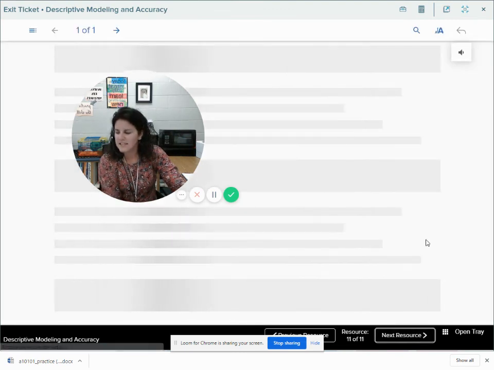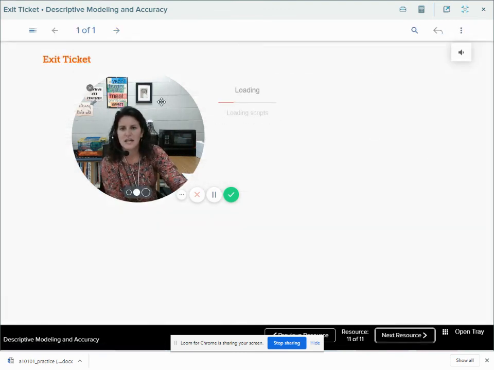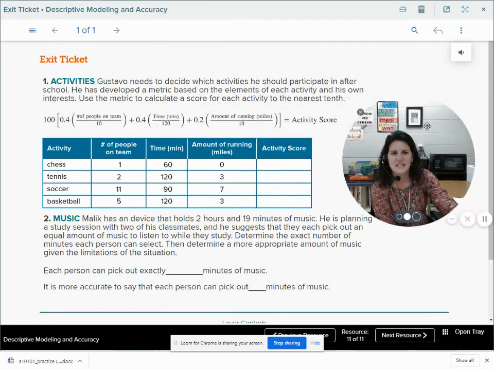All right, and the last thing that I would like for you guys to do today is do this exit ticket. It says Gustavo needs to decide which activities he should participate in after school. He has developed a metric based on the element of each activity and his own interests. Use the metric to calculate a score for each activity to the nearest tenth.